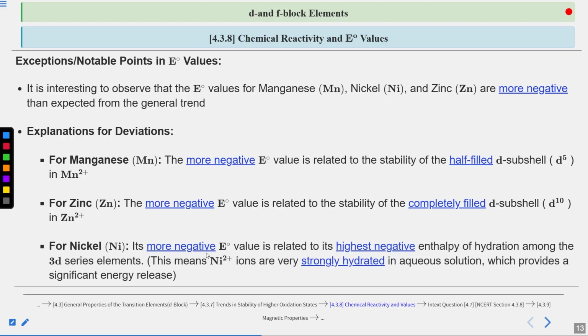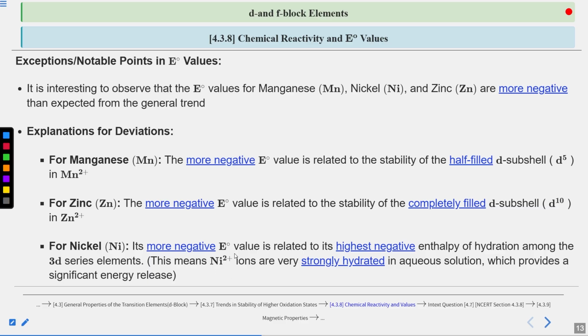Now for nickel, the more negative E0 value is related to its highest negative enthalpy of hydration among the 3D series elements. Among the 3D series elements, nickel shows the highest negative enthalpy of hydration value.